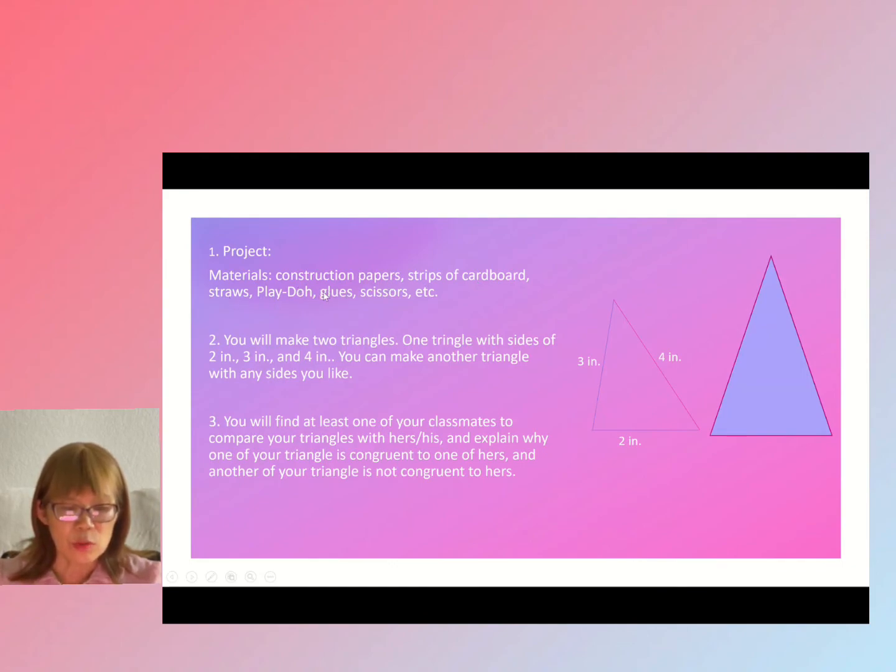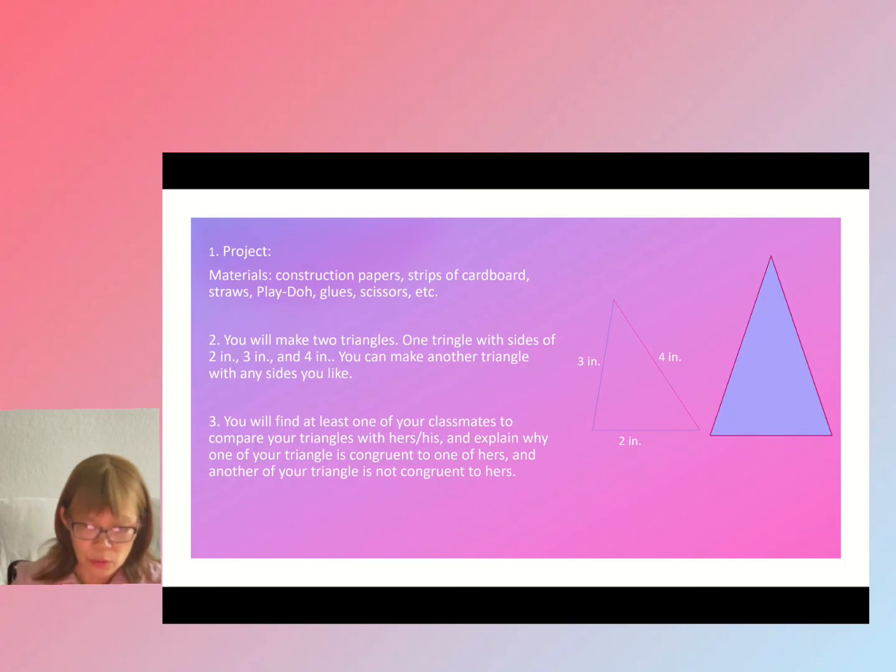Okay, so construction paper, strips of cardboard or straws, whatever you choose. But the main point is you must make one triangle with sides of 2 inches, 3 inches, and 4 inches. You must make one like that, and for the other, you can make any sides you want. After you finish the triangles, you look for one or two of your best friends and compare your triangles.